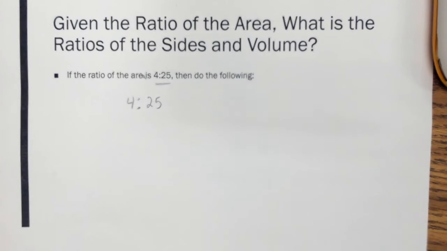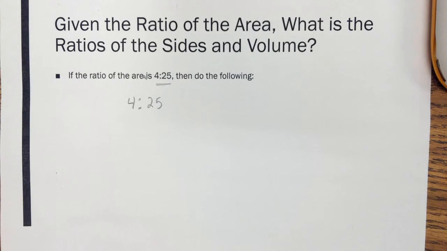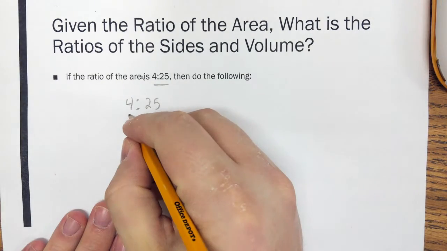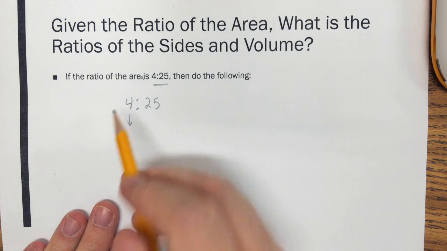Went out of focus there. See if we can get it back in here. There we go. So now that I'm thinking about this in terms of some number squared, all I need to do is think, what number squared gives me 4?